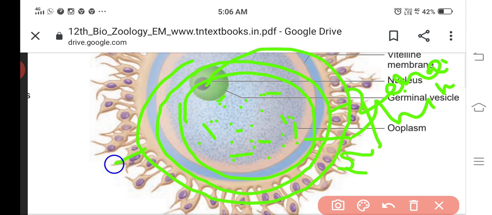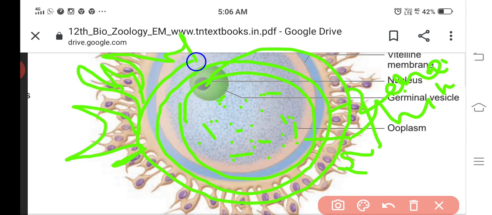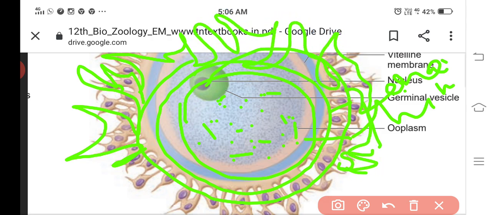The corona radiata is not evenly present. The first layer is thin, the second layer is thick, and the outer layer is not even. Between these layers is the perivitelline space, then the zona pellucida and corona radiata.